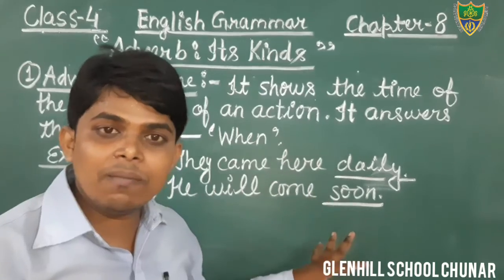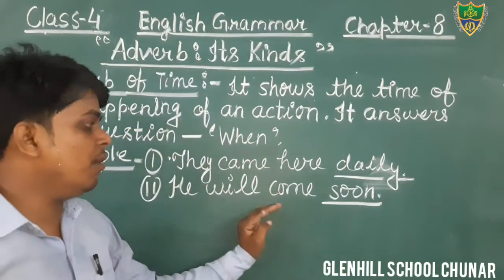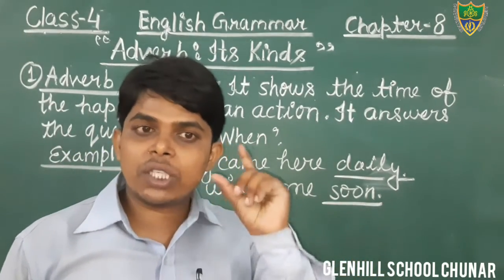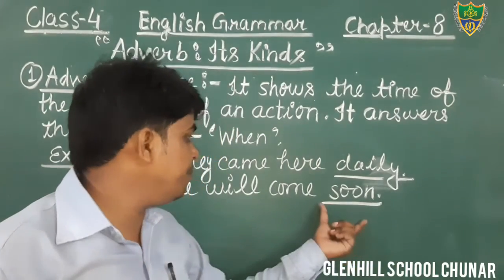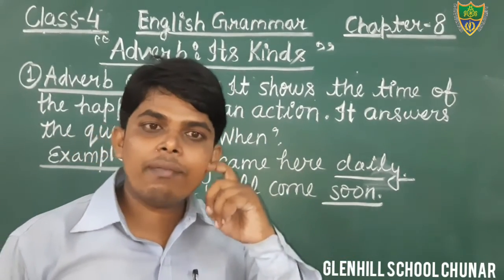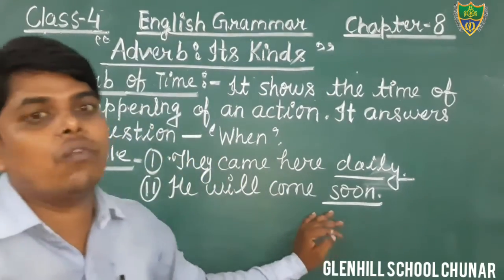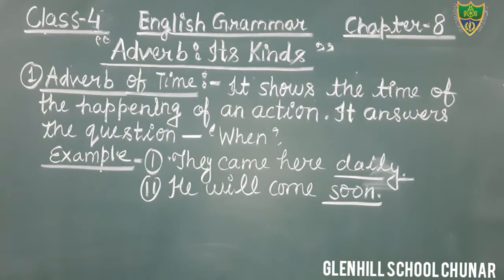When will he come? We are getting the answer to the question when. He will come soon. The word soon denotes the time of an action, therefore that is adverb of time. In this sentence, the word soon is an adverb. So just write down.